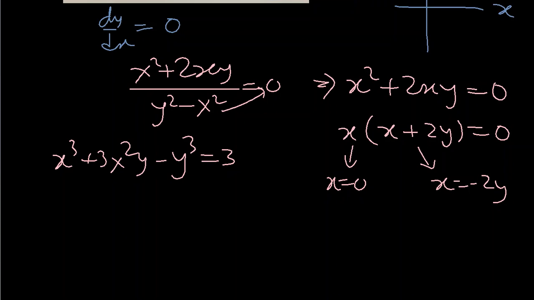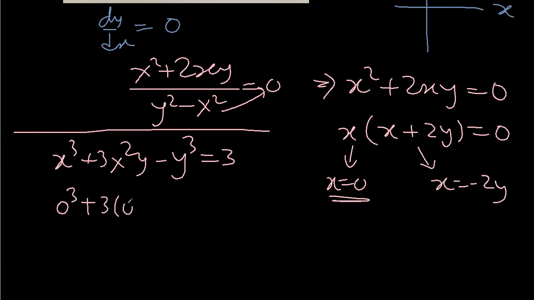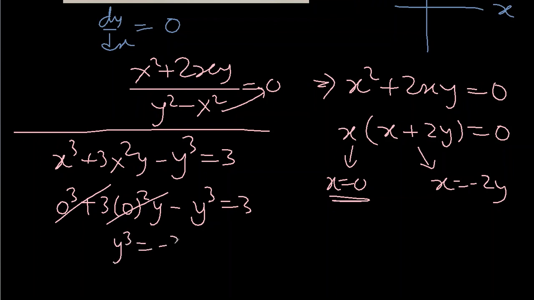So they're saying find the coordinates. That means we have to find the y coordinate also, right? So replace x equal to 0, we'll get the y coordinate. 0 cubed plus 3 times 0 squared times y minus y cubed equal to 3. So y cubed equal to minus 3, cube root.